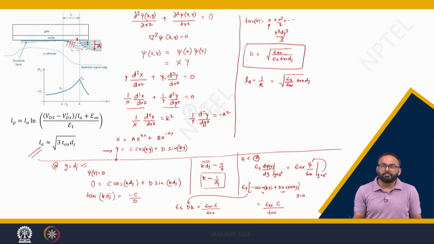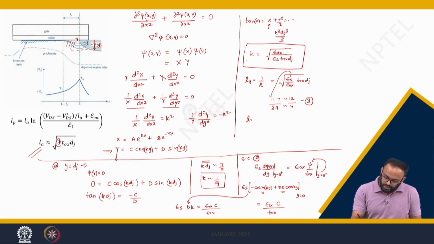Why is this factor of 3 coming up? We have already discussed in our previous lectures that the permittivity of semiconductor or silicon is 11.7, you can consider it as 12. Similarly, the permittivity of oxide is 3.9, you can consider it as 4. So, ultimately you will get a factor of 3.